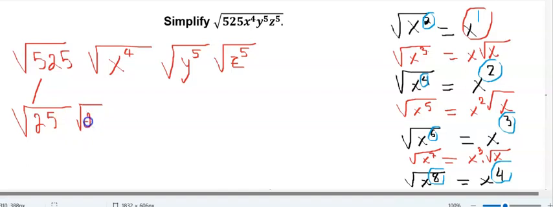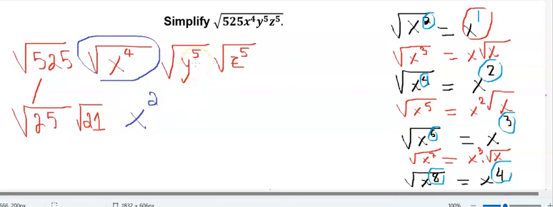21. Good. Jenna, you're not paying attention up here, Jenna. Okay. And then we already know what the square root of x to the fourth is. What is it? X to the second power. Good. All right.